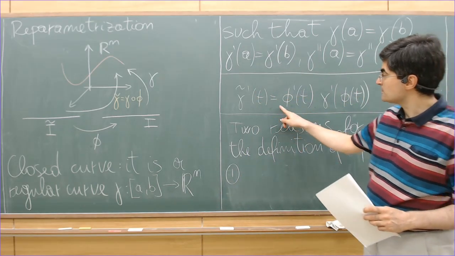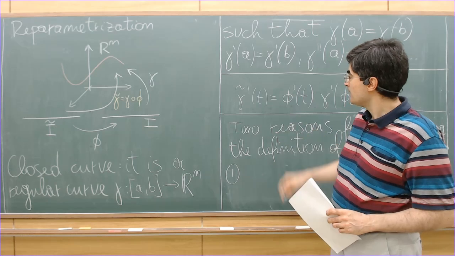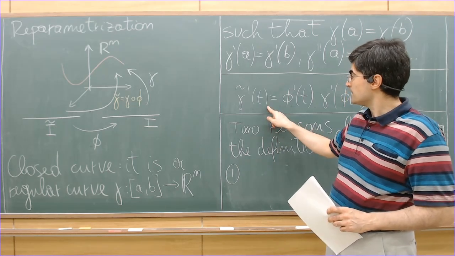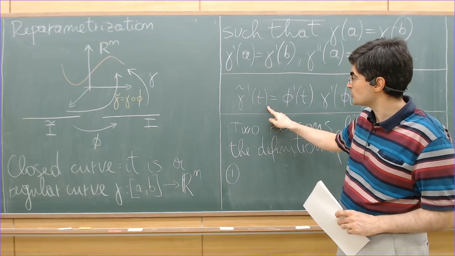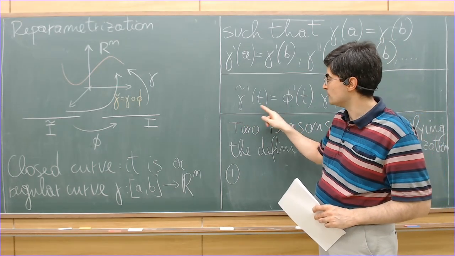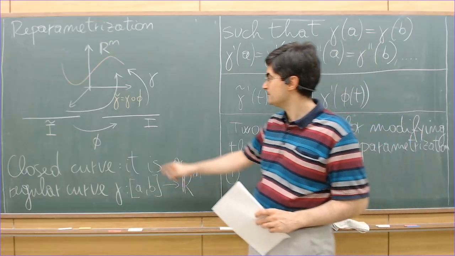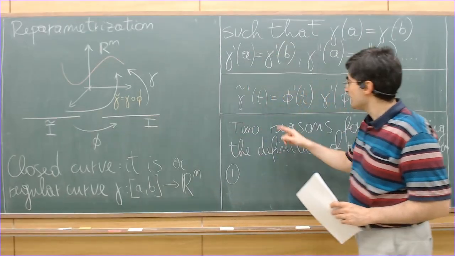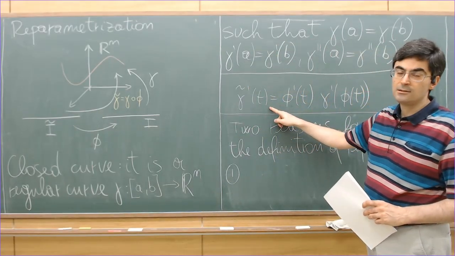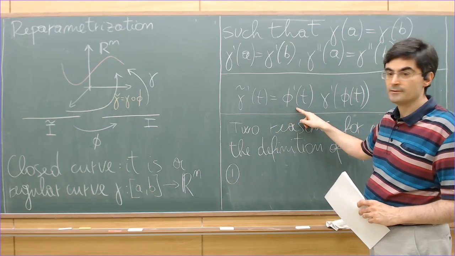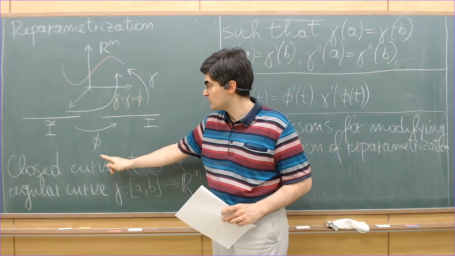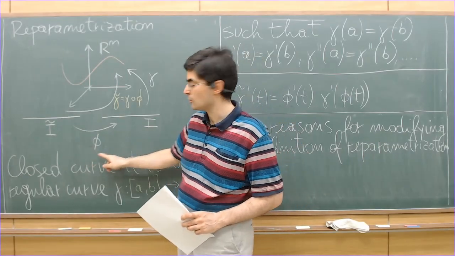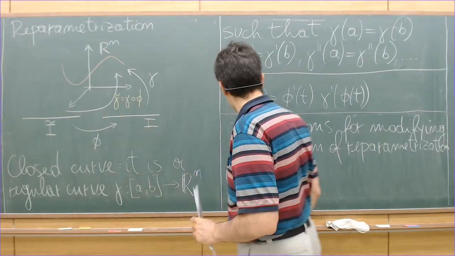Now let's look at this formula. This formula gives you the expression of the first derivative of the reparameterization of gamma, and as you can see, it involves the first derivative of the smooth bijection phi, which is used in the definition of reparameterization.